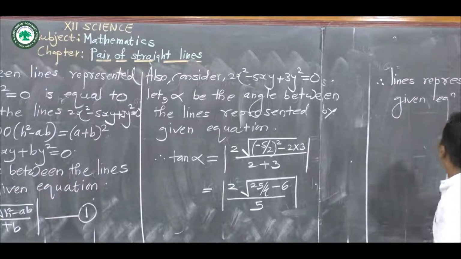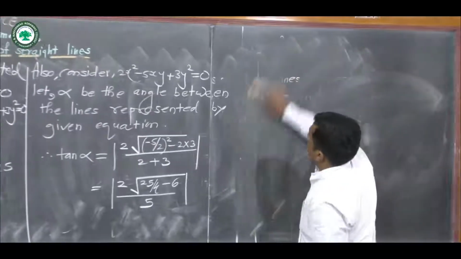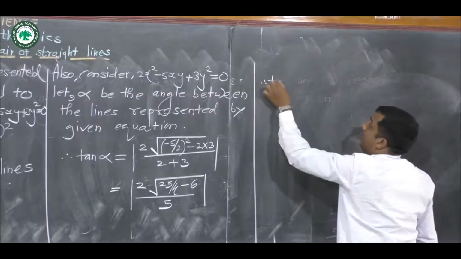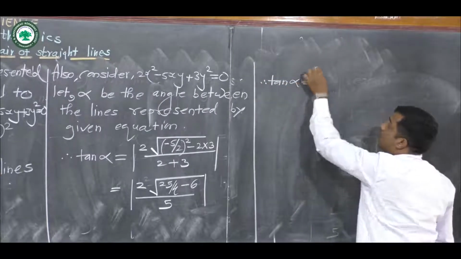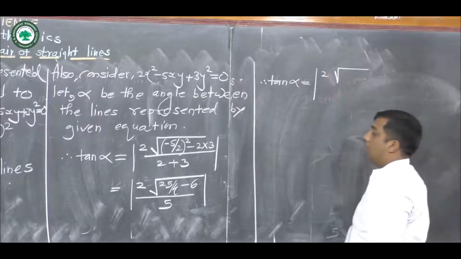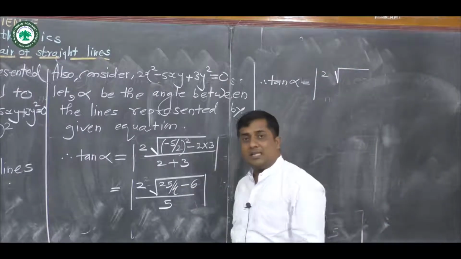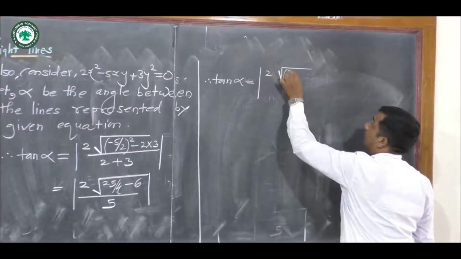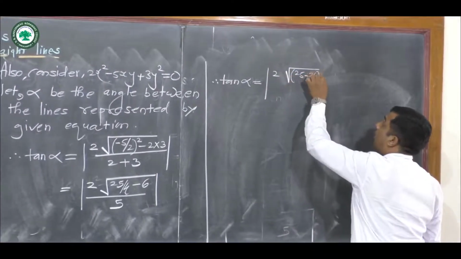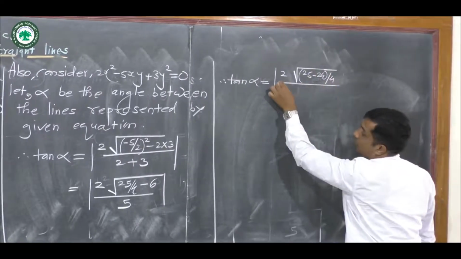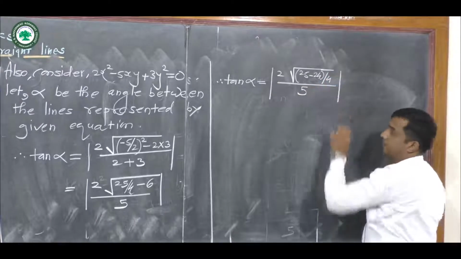Then in the next step, tan alpha is equal to inside the mod, 2 into square root of, 25 by 4 minus 6 is 25 minus 24 upon 4, and this divided by 5.